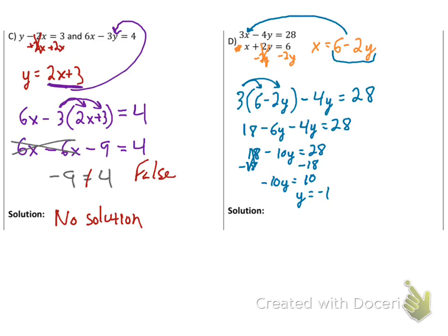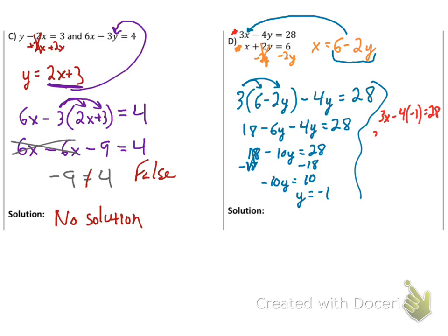All right, so I solved for one of the variables. Now I need to go back and solve for x. Since I got y by itself, I'm going to take that y value of -1 and plug it back into either equation. So if I plug it into the top equation, I'll have 3x minus 4y, and instead of y, I'm going to plug in -1, equals 28.